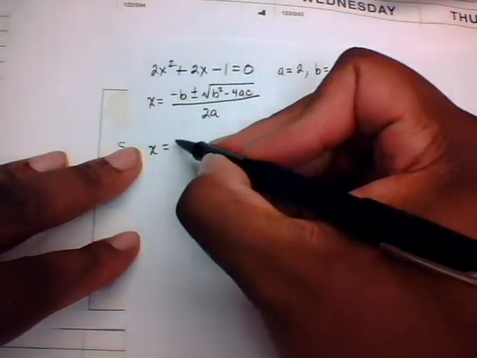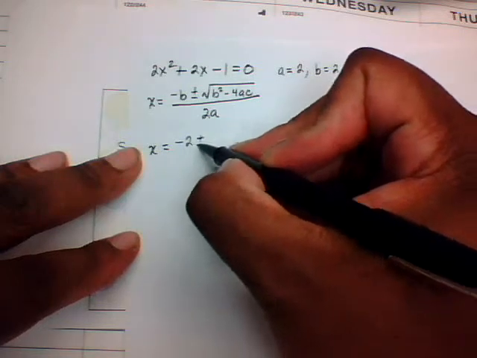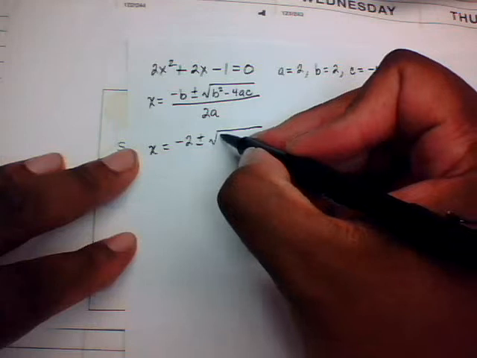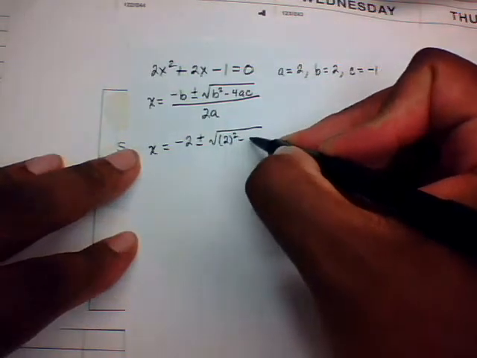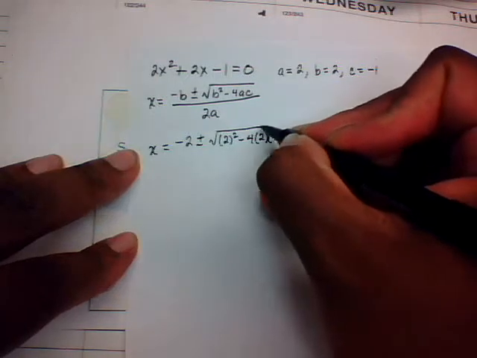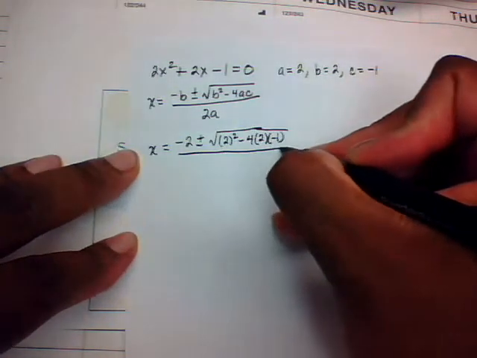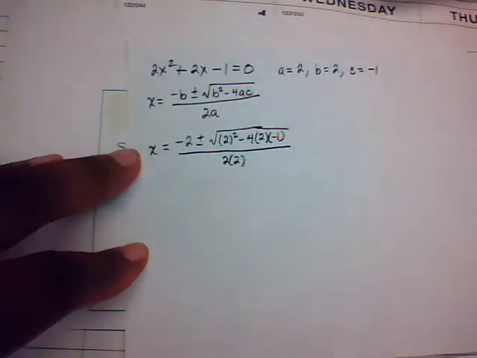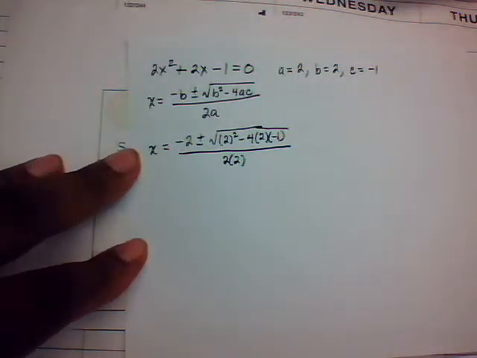The b is 2, so we got negative 2 plus or minus the square root of b squared. Again, b is 2, that's going to be 2 squared, minus 4 times a, which is 2, times c, which is negative 1. And all that's divided by 2 times a, which is 2, so that'll be 2 times 2.